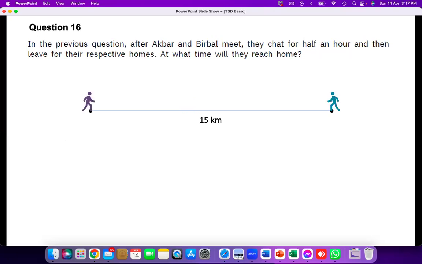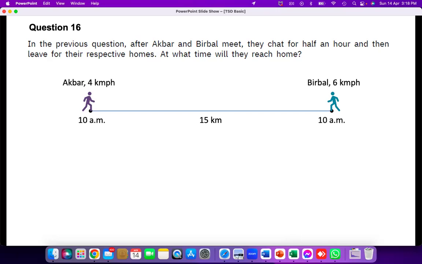So 11:30. Right. In the previous question, after Akbar and Birbal meet, they chat for half an hour and then leave for their respective homes. At what time will they reach home? 12:30.